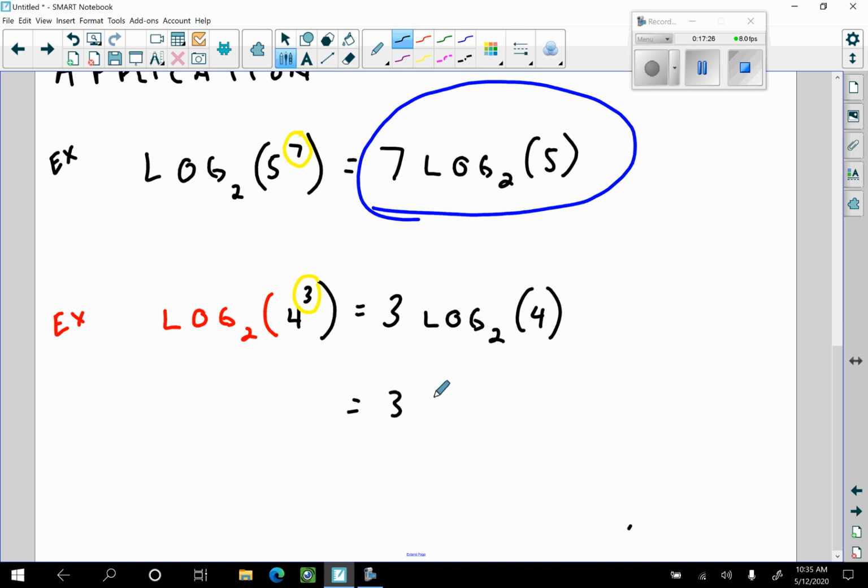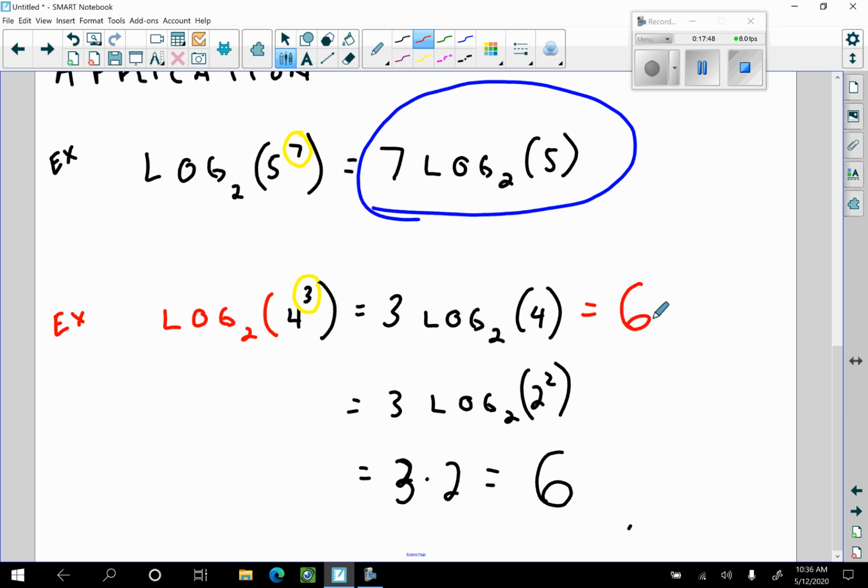What's 4? 2 squared. 2 to what power is 2 squared? 2. So 3 times 2, and that is equal to 6. So you're going to really need to know this is simply equal to 6.